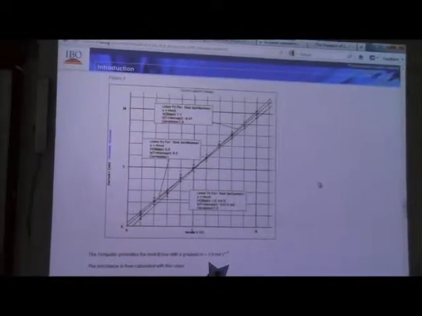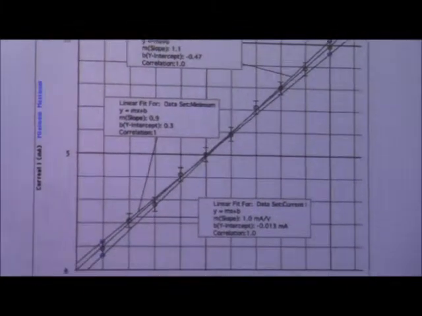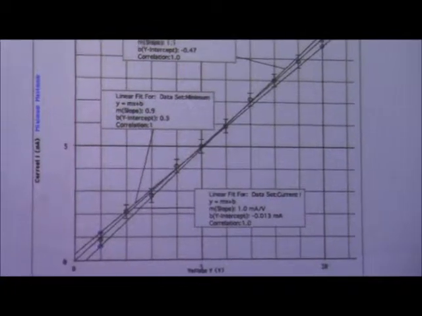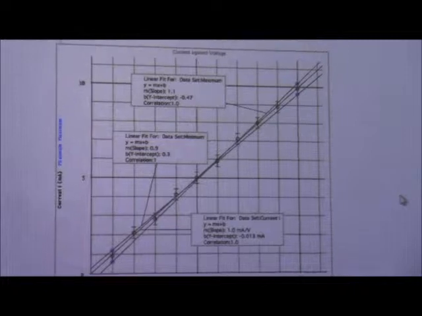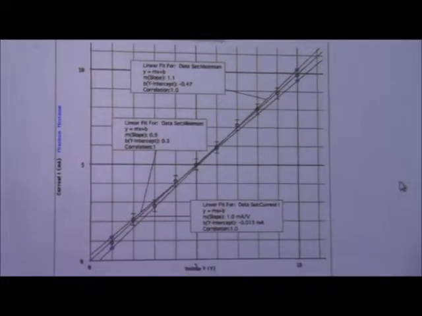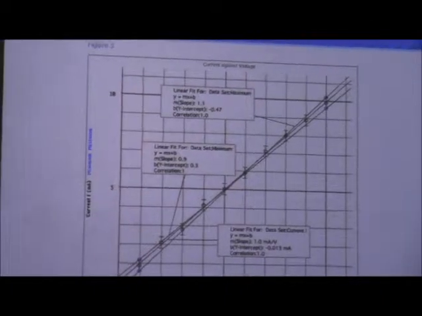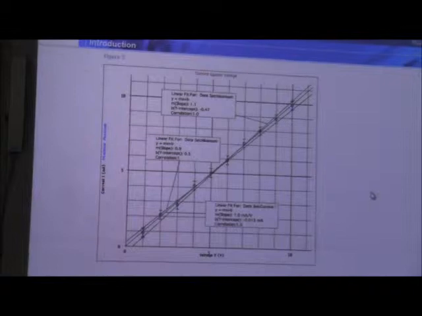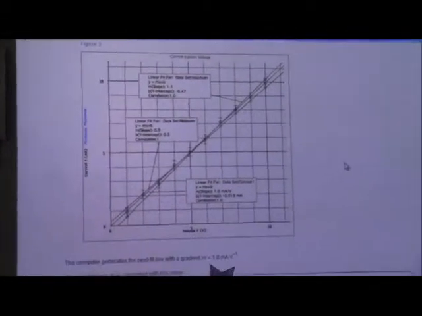See what this person did. What is there on that graph? 3 lines of best fit. Well, only one of them is the line of best fit. One of them is the maximum slope, and the other one's the minimum slope. So they've really made use of their error bars, saying, okay, there's my line of best fit, and the answer lies somewhere in between these two extremes.